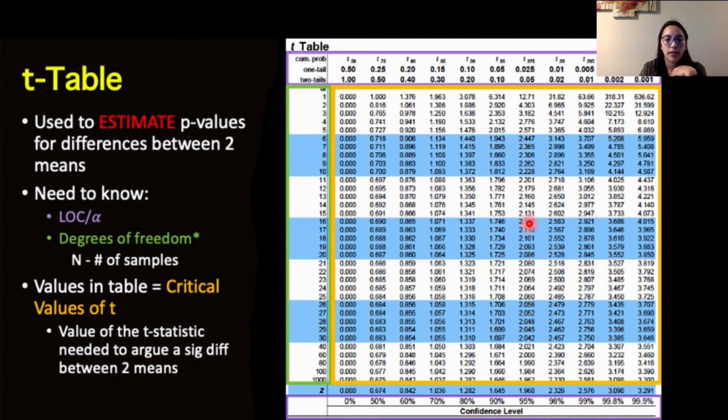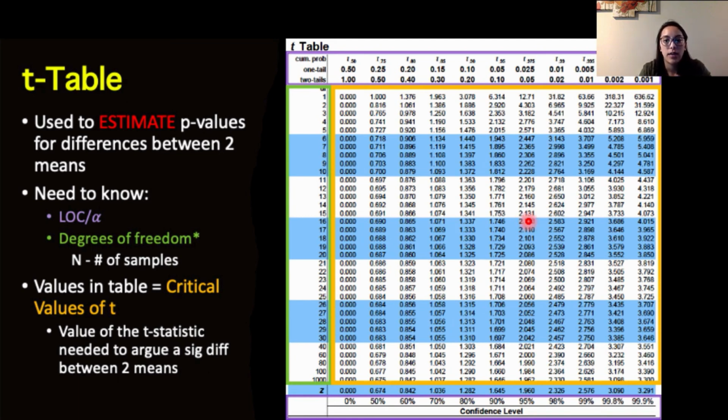So if we calculated a t of 2, just 2.000, that would be less than our critical value, meaning we didn't have a large enough difference to argue that we have significance. So if t is less than our critical value, p will be greater than alpha, indicating no significant difference between our means.